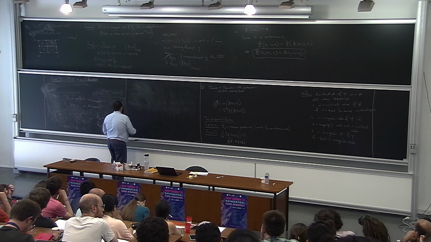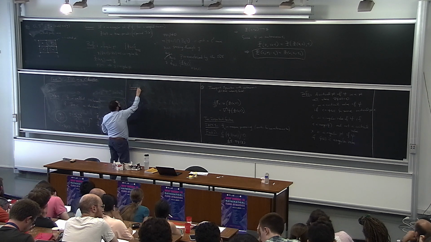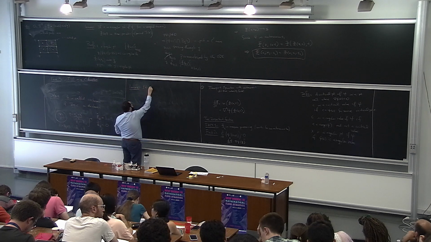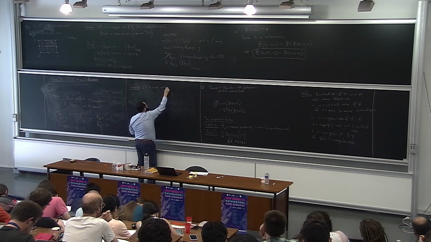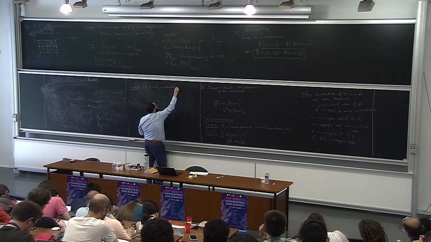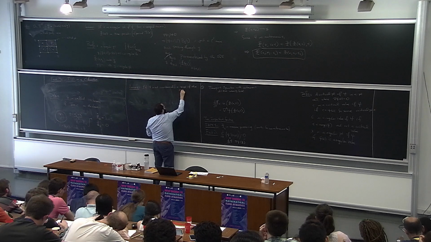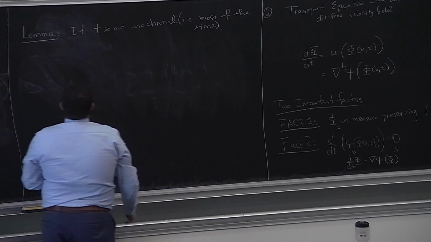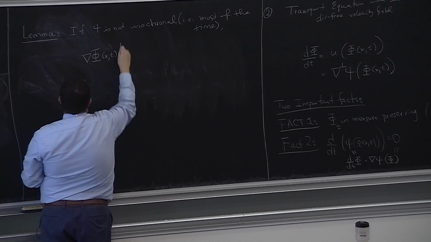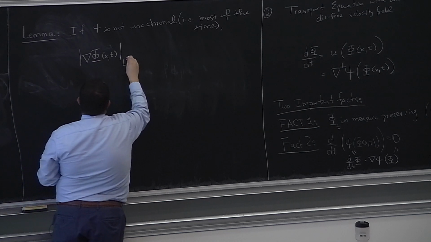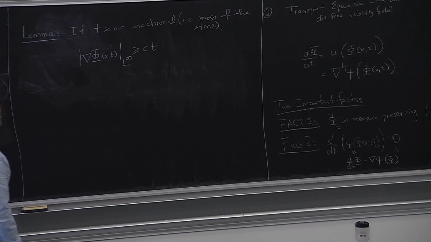So now let me give a small lemma. If psi is not isochronal, which is most of the time, then the gradient of the flow map is unbounded.